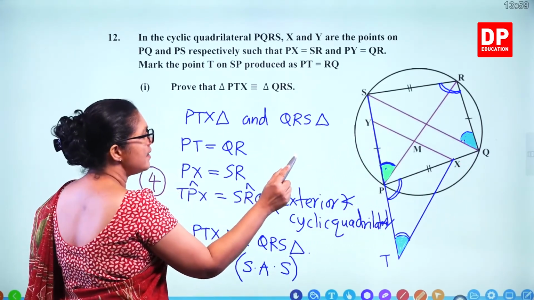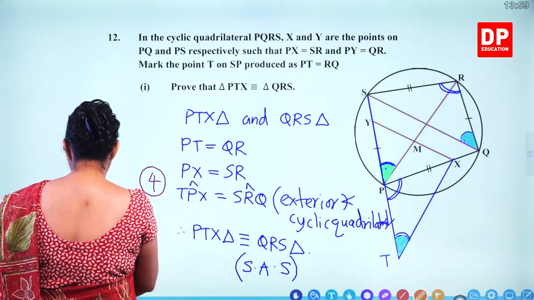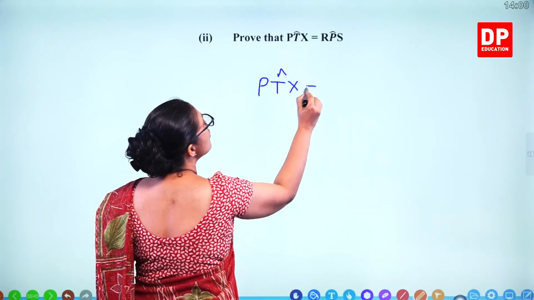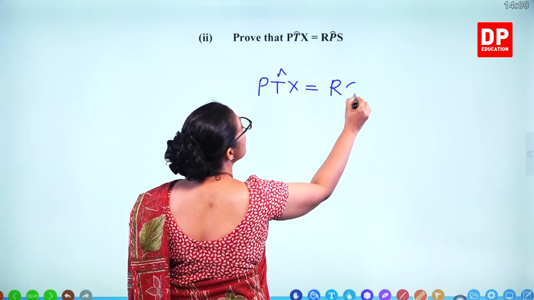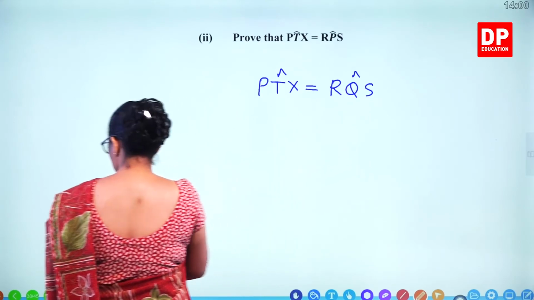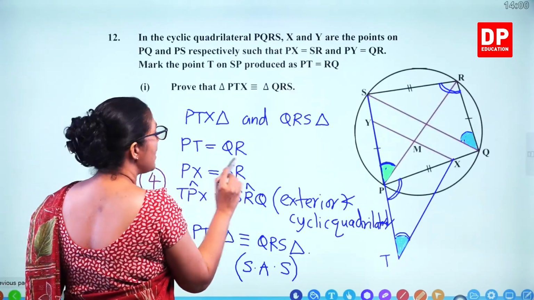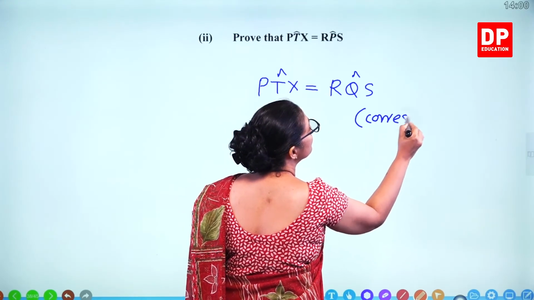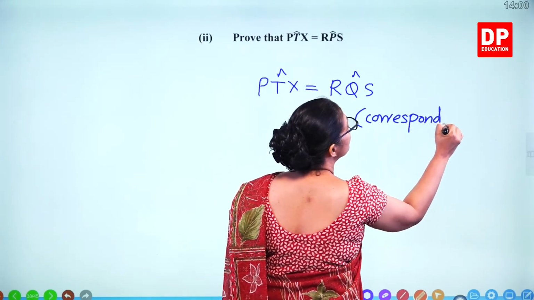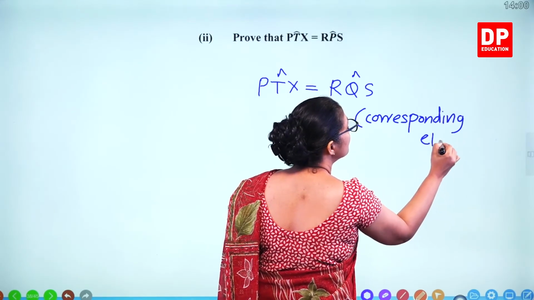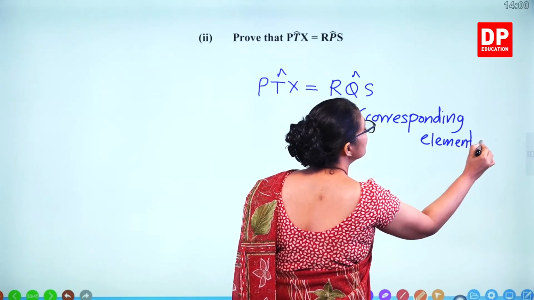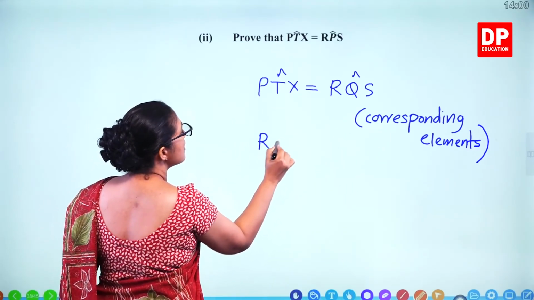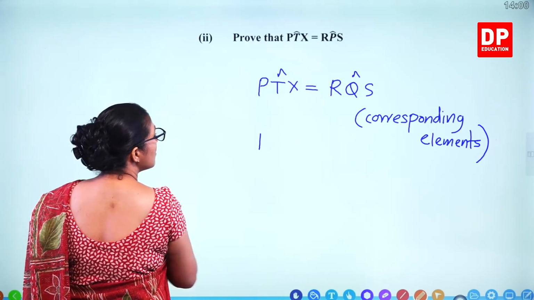So now we can write down RQS and PTX. PTX is equal to RQS, that's corresponding elements are equal. And also we can say, what is RQS? I'll write on this side.